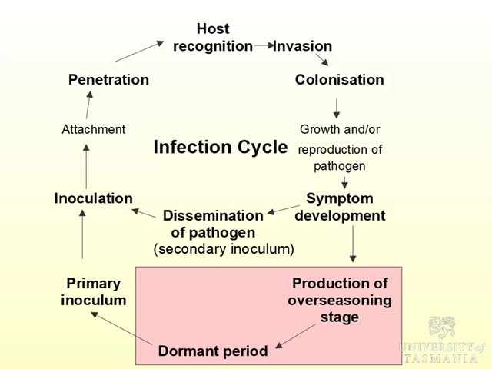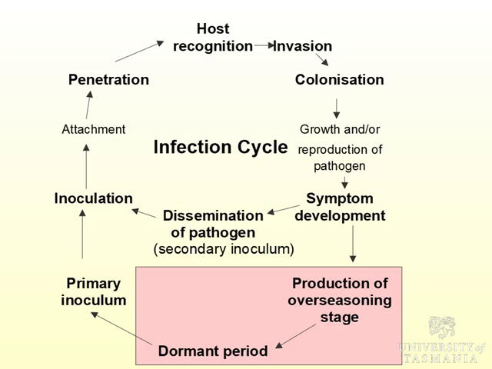But it needs to find a way of surviving and remain dormant until a susceptible host turns up and it can produce inoculum. That over-seasoning stage can be a dormant spore sitting in the soil. It could be sitting in a canker on a tree, just waiting for the new season to start up, and for the environmental conditions to be conducive so it can start spreading again.